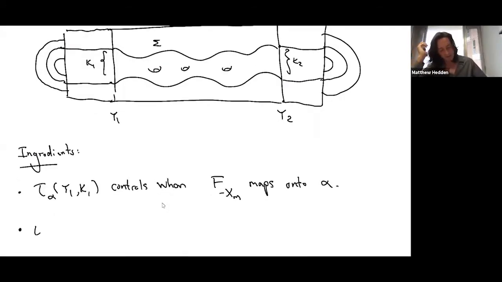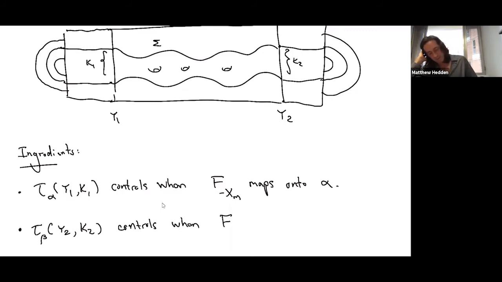And on the other end, tau beta of Y2 K2 controls when the other cobordism maps beta non-trivially.